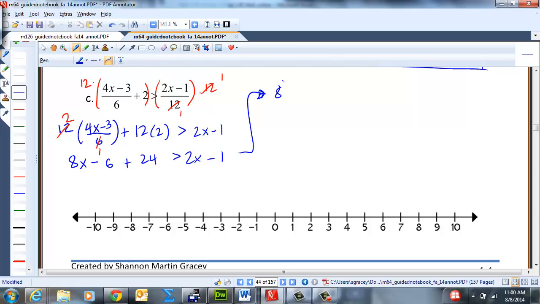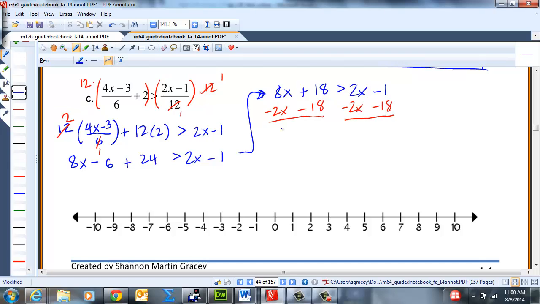8x, if I combine the negative 6 and the 24, we'll get 8x plus 18 is greater than 2x minus 1. Getting the constant on the right side by subtracting 18 and subtracting 2x from both sides to get the variable on the left.